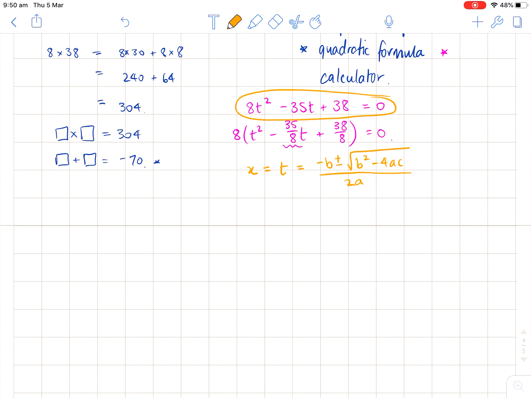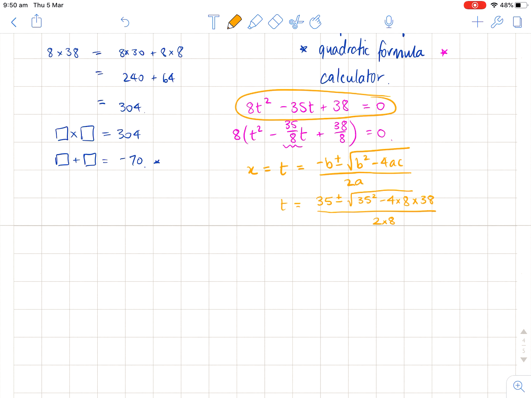Then substitute in what you know. So negative b, and if b is negative 35, that becomes plus 35, plus or minus the square root of 35 squared minus 4 times a, which is 8, times b, which is 38, divided by 2 times 8.